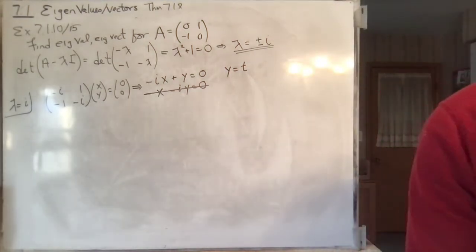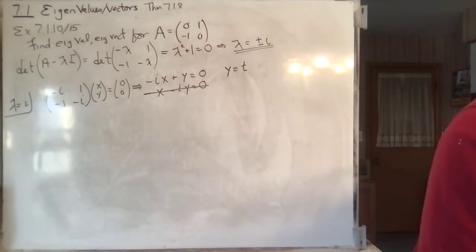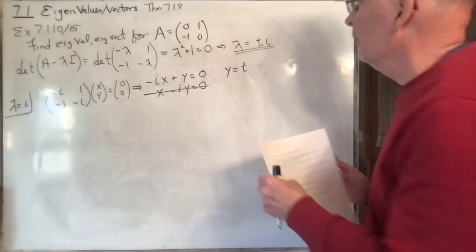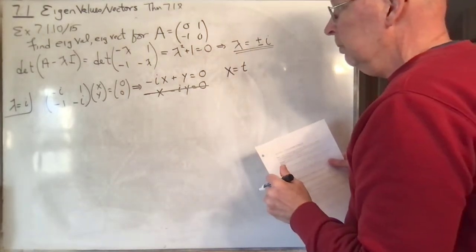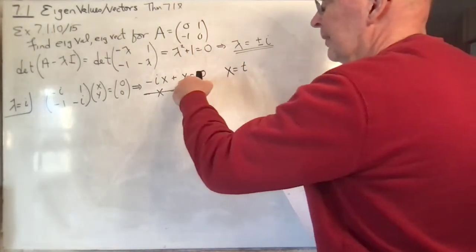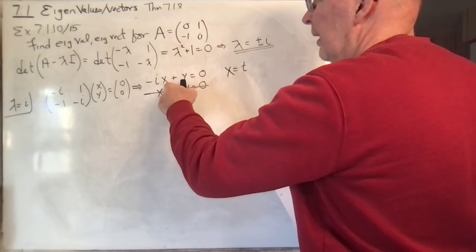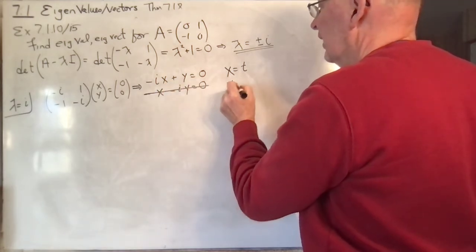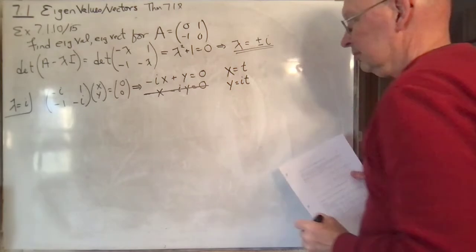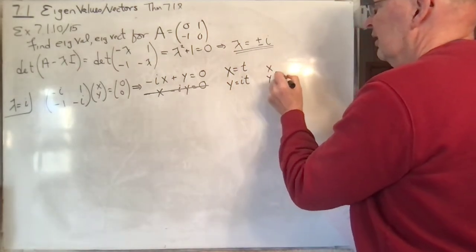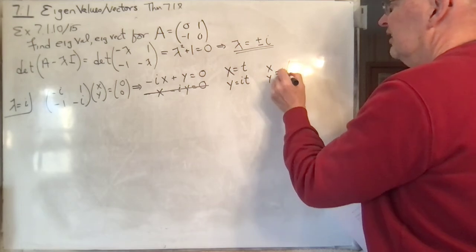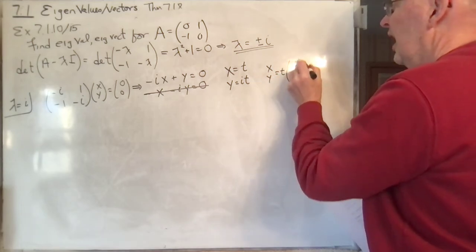In the book, I let x be equal to t this time. It doesn't really matter. So let x be equal to t. If x is equal to t, then you bring that over, and then y is going to be it. And so what's your eigenvector? Your eigenvector is t times (1, i).